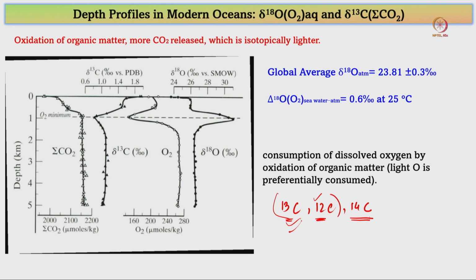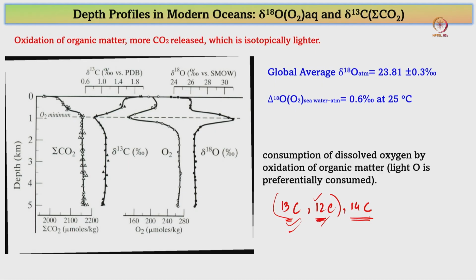It is like the formation of ice mass. When we are forming ice mass, it is 16O enriched and 18O depleted. Similarly, biomass is 12C enriched and 13C depleted. So, what happens is when that organic matter dies and decays, the carbon dioxide that gets produced from the decay of that organic matter is also 12C enriched, because this carbon dioxide is coming from that organic matter, right.